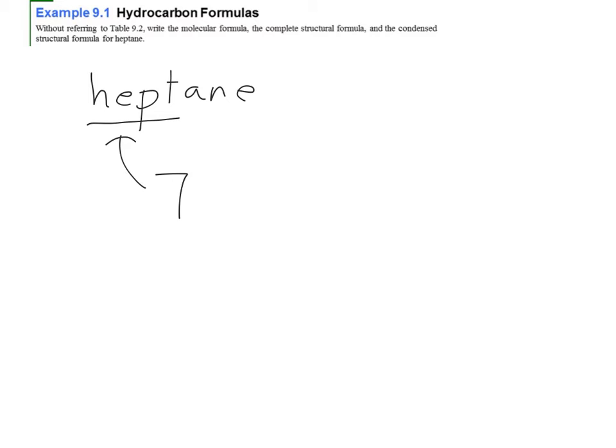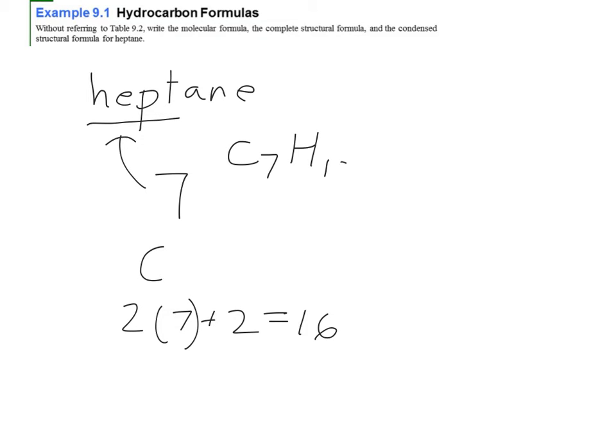If we have 7 carbons, then 2 times 7 plus 2 would be 16. So C7H16 would be the formula for heptane.